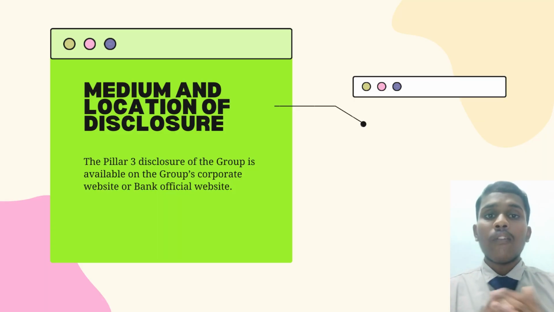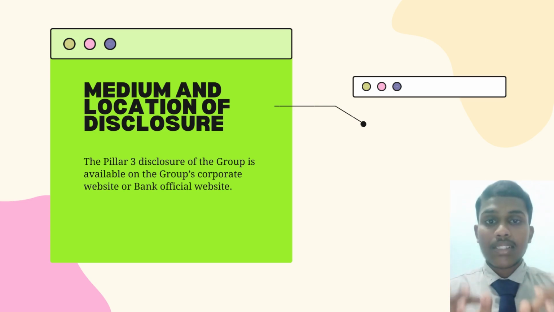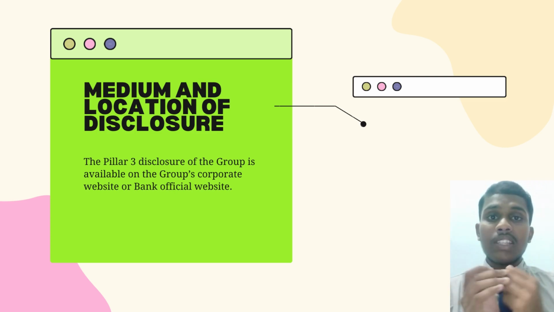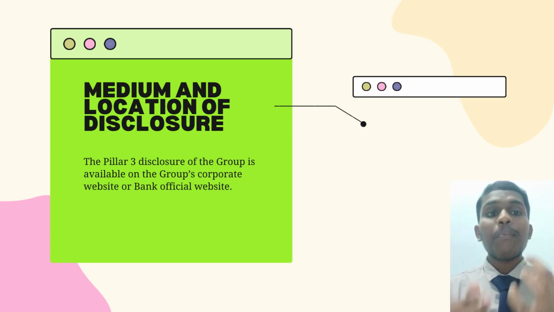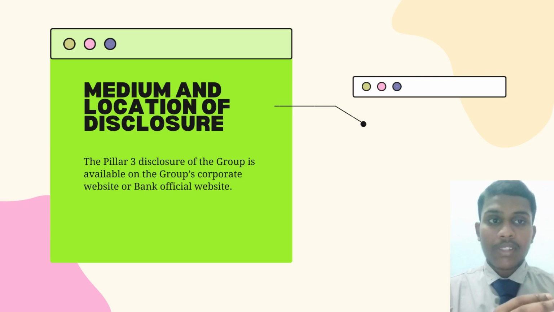After that, we know that all information about the capital ratio and the risk requirement, and all methods of information, will be stated in the Pillar 3 disclosure. So where are the medium and location of this disclosure? The Pillar 3 disclosure of the group is available on the group's corporate website or the bank's official website.